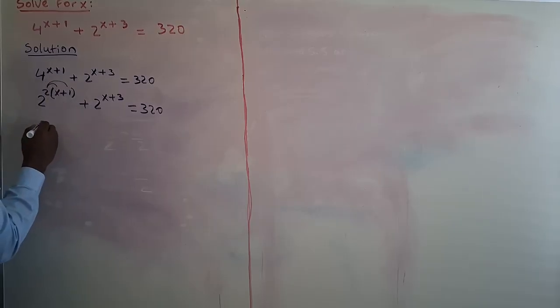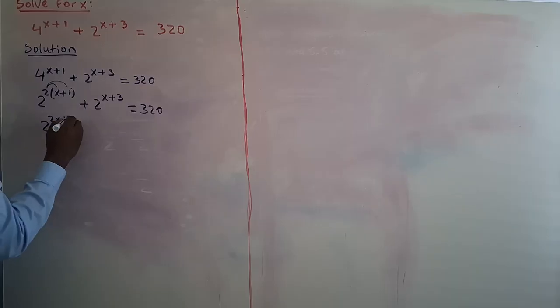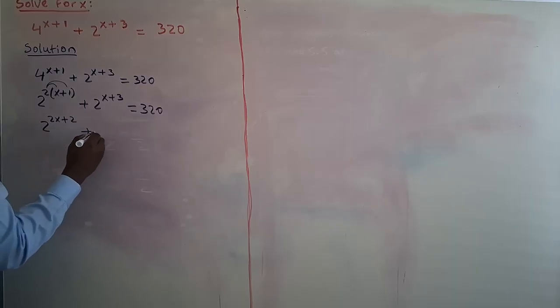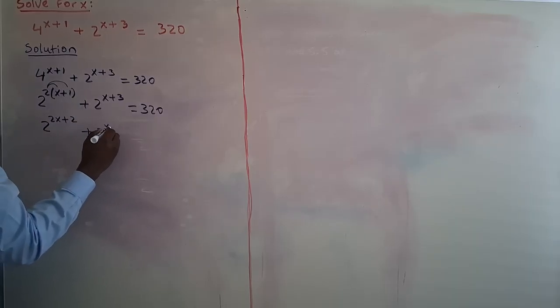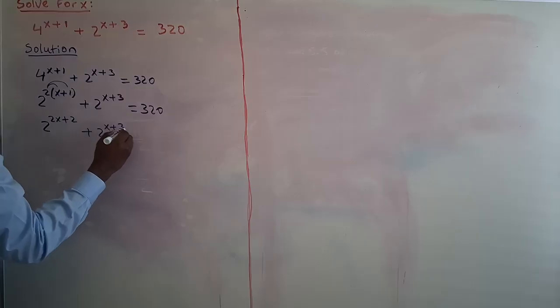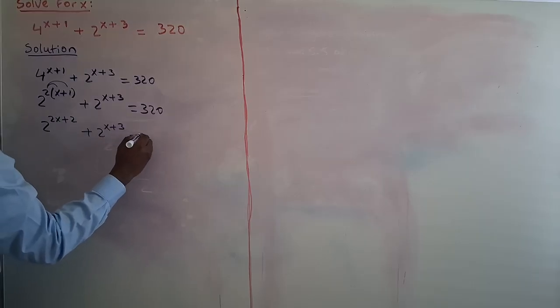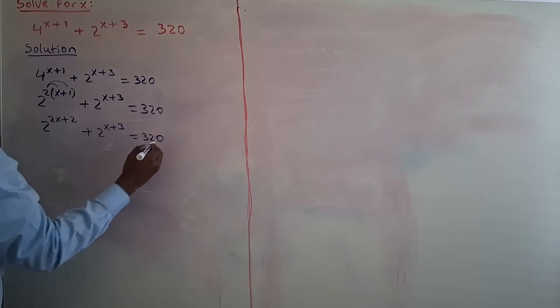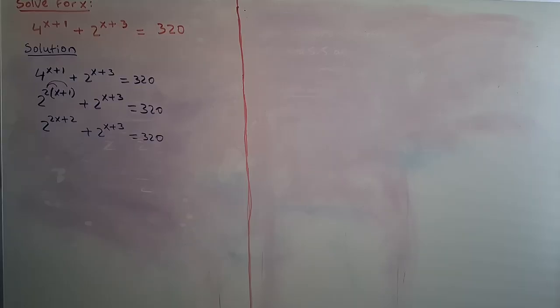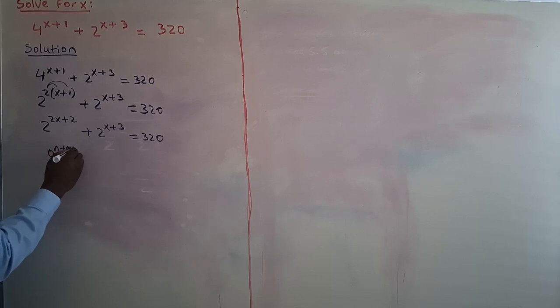So we're going to have 2 raised to the 2x plus 2, plus 2 raised to the x plus 3 equals 320.